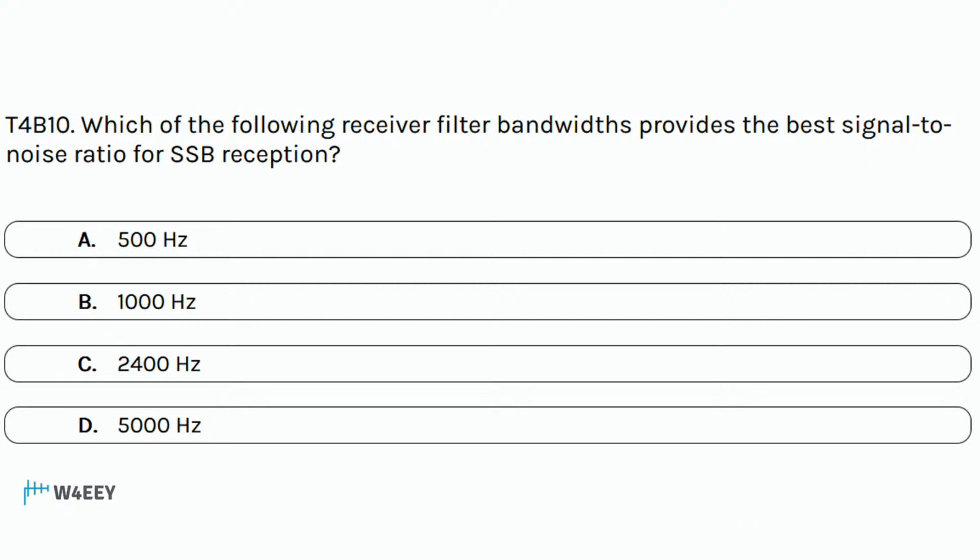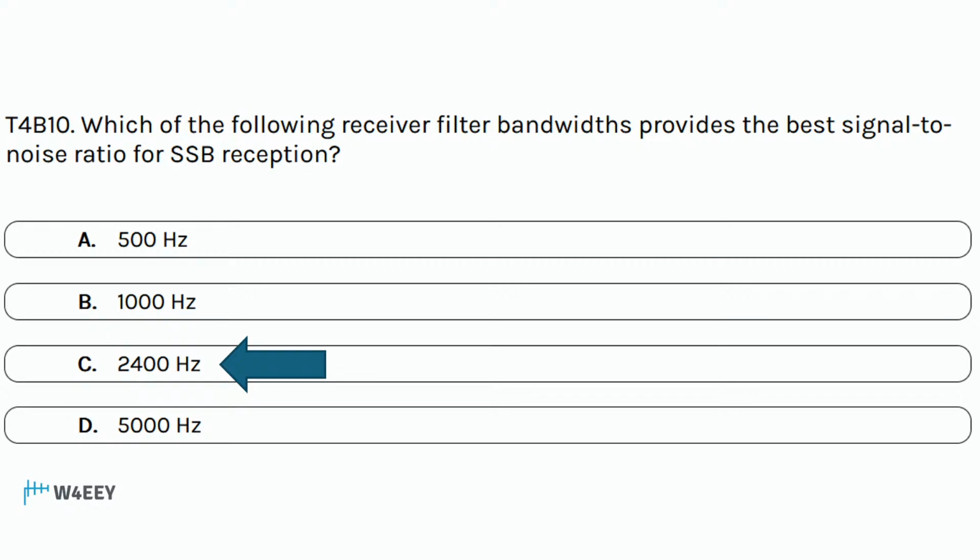So we know the single sideband signal we've been saying is about 3,000 or 3 kilohertz wide. It can be narrower. So 2,400 hertz would be the best selection here. 5,000 hertz would give you 2 kilohertz of noise, which you don't want. So out of these here, to get intelligible speech, you want to select a 2,400 hertz filter.